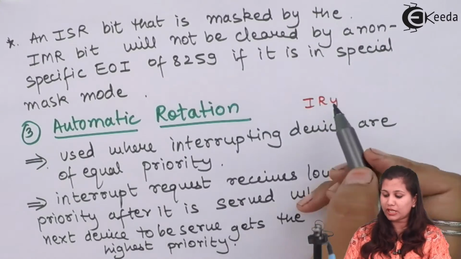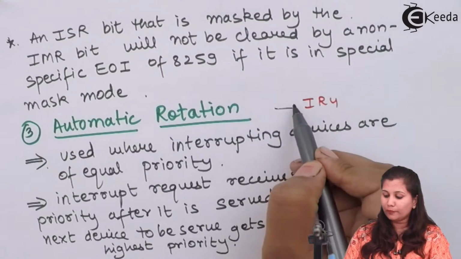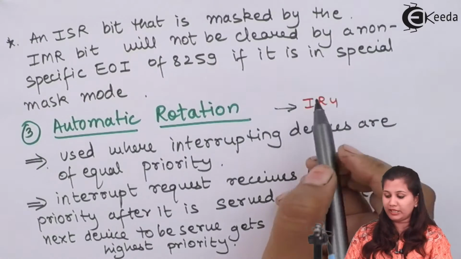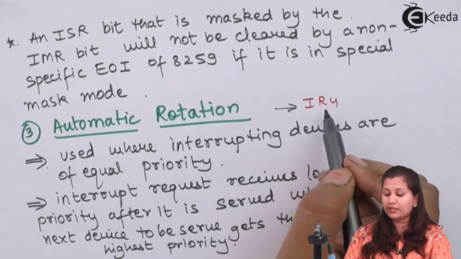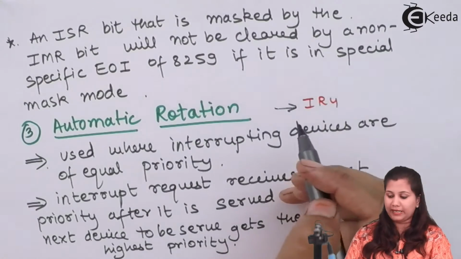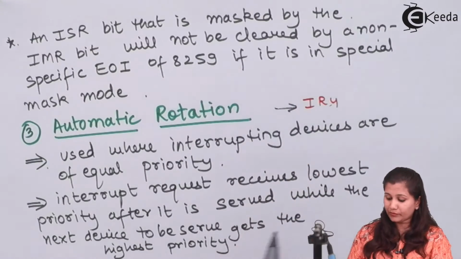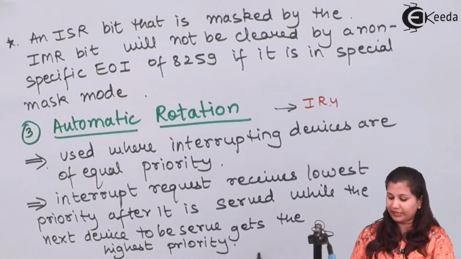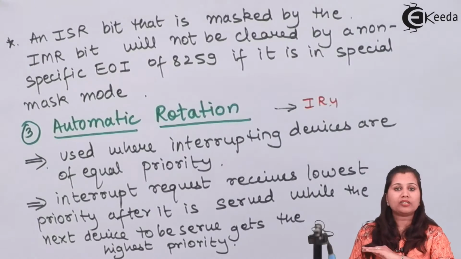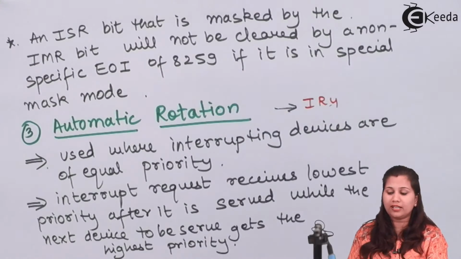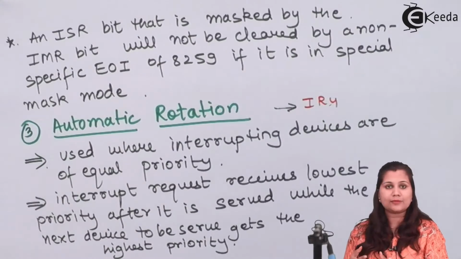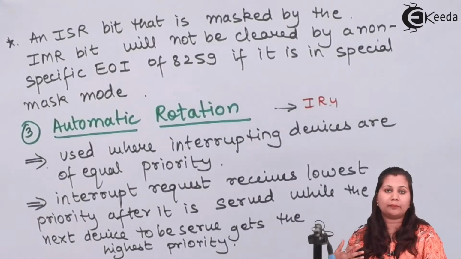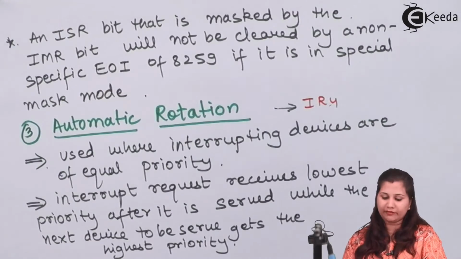So suppose currently IR4 is served; when it is fully accessed by the CPU, IR4 will get the lowest priority, and the next device to be served will get the highest priority. And once all the devices are served, IR4 will again get the highest priority. In this way, the interrupt request priority is rotated among all the interrupting devices.